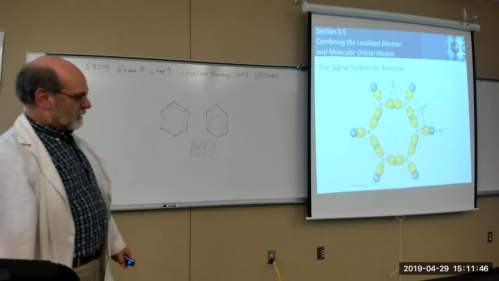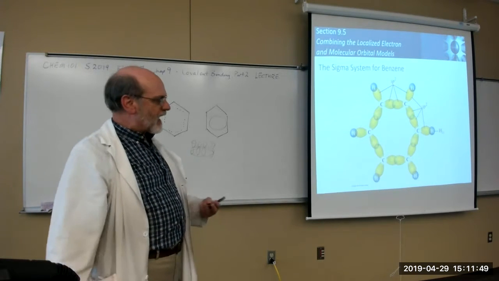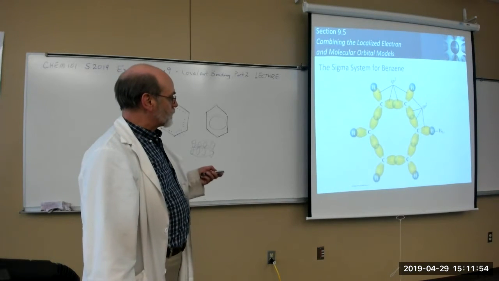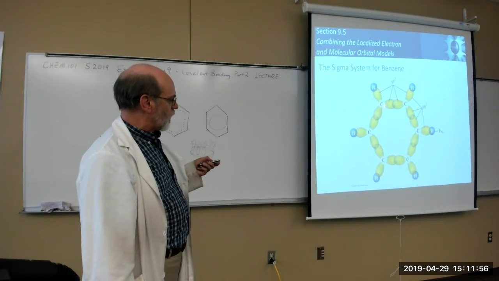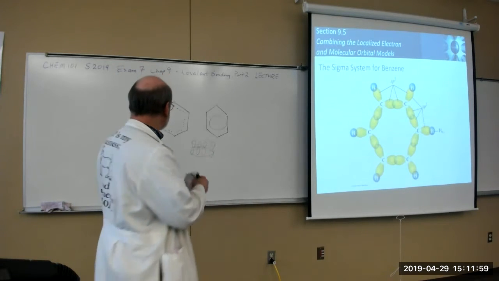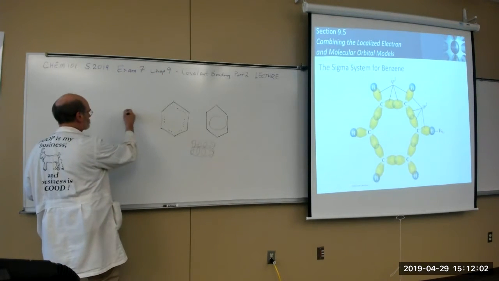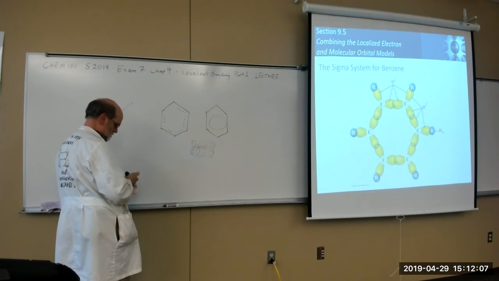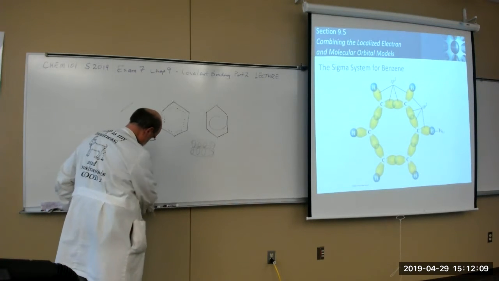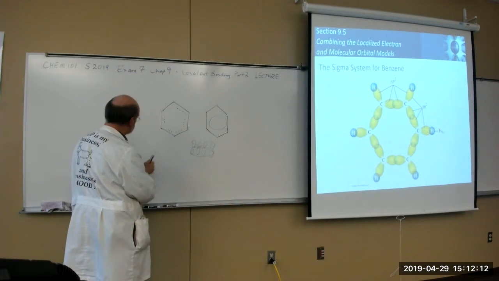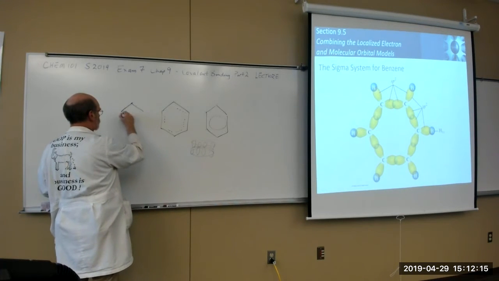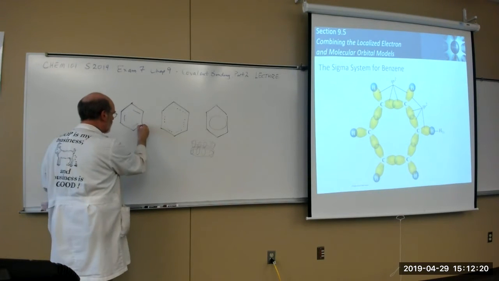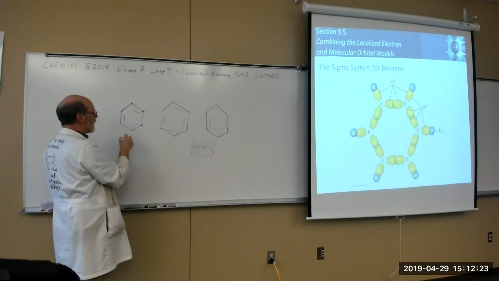Okay. Now, if we slide back into the localized electron model and hybridization, we notice that at each one of these carbons, we have how many groups?